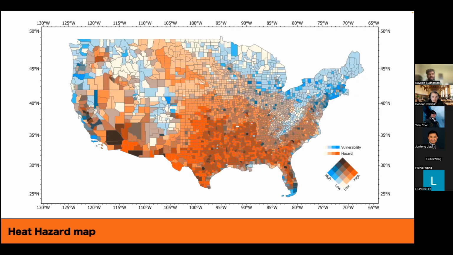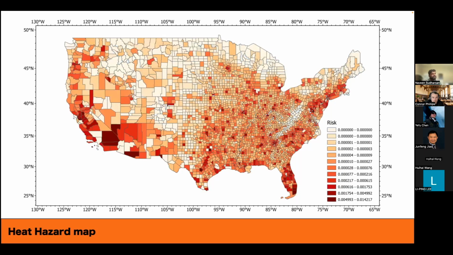This is the combination of vulnerability and hazard, and you can see that these areas are vulnerable but don't have much hazard. When it comes to these areas, it is high hazard and high vulnerability. So these areas, which have high vulnerability and high hazard, should be considered more when you make the policies.